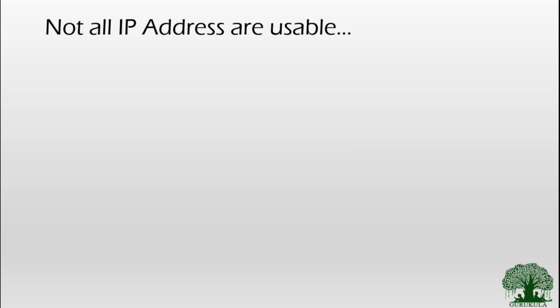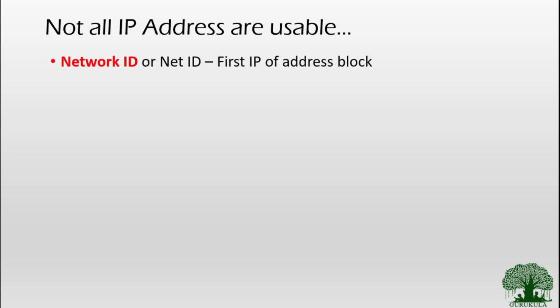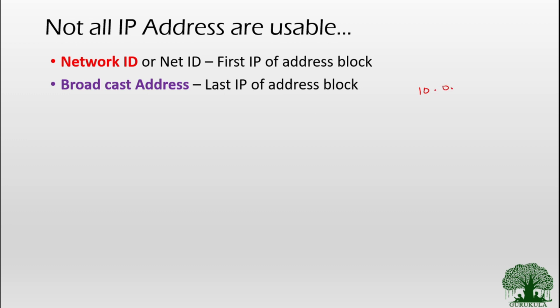Also, not all the IP addresses in the block are usable IP addresses. When we talk about usable IP addresses, the very first address of the address block is given for the network ID that represents the network, and then the last IP address of the block represents the broadcast address. So let us take, for example, the 10 network. 10.0.0.0, and we know that it runs up to 10.255.255.255.